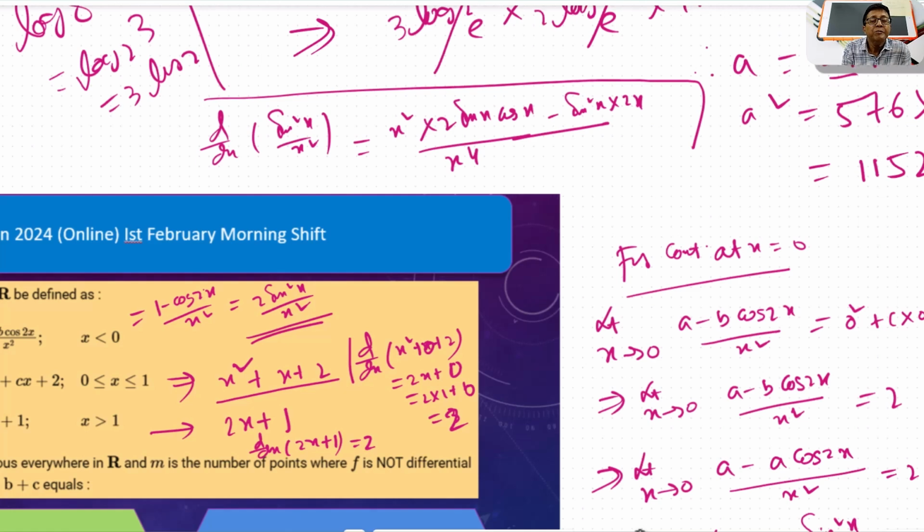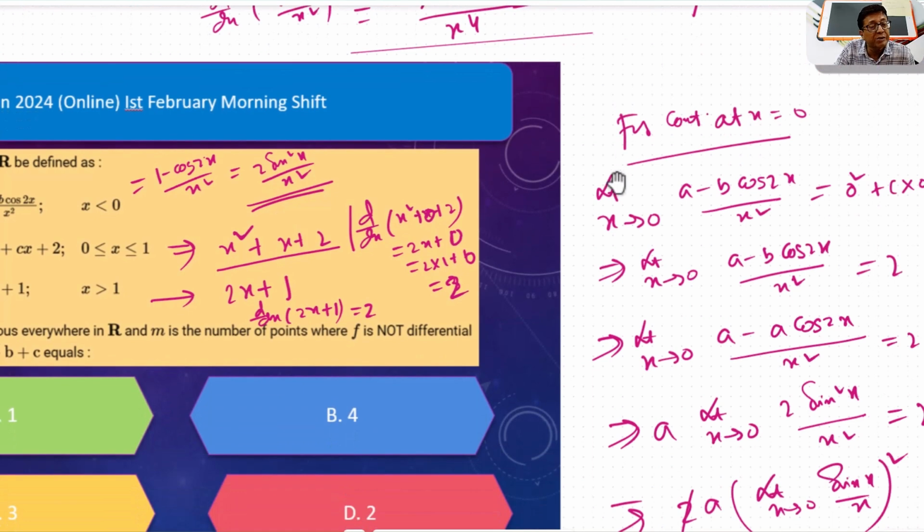But if you calculate at x equal to 0 the value of the derivative, it is going to be undefined. So it is not differentiable at x equal to 0 also. Clear? So the value of m is 2: not differentiable at 0, not differentiable at 1. Hope you have understood.